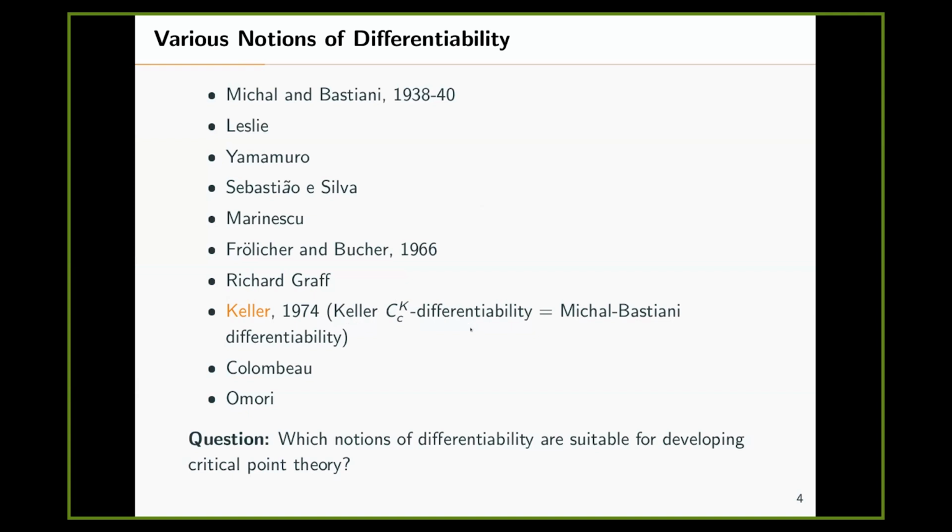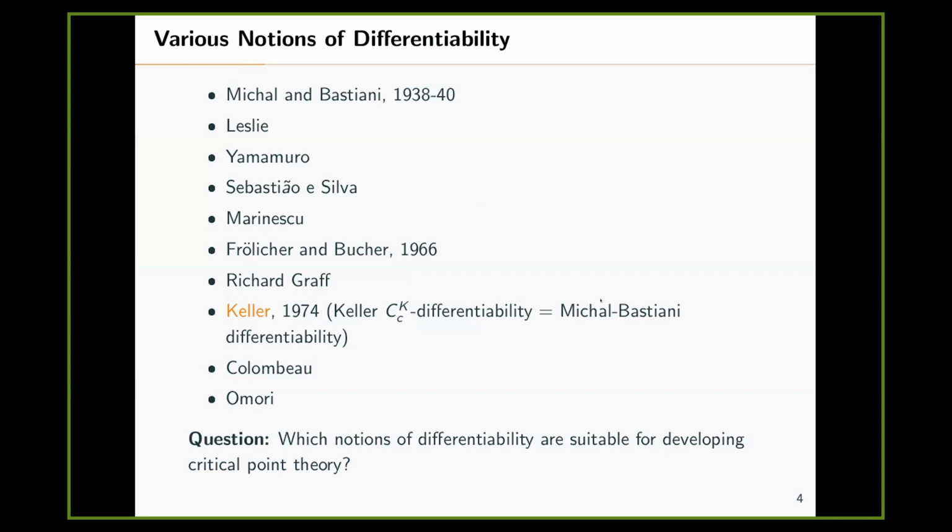It is highly developed, and more importantly, it facilitates effectively defined compactness conditions on mappings. It will be clear shortly, after the definition of Keller differentiability and our compactness condition, why we need to choose this particular notion of differentiability.